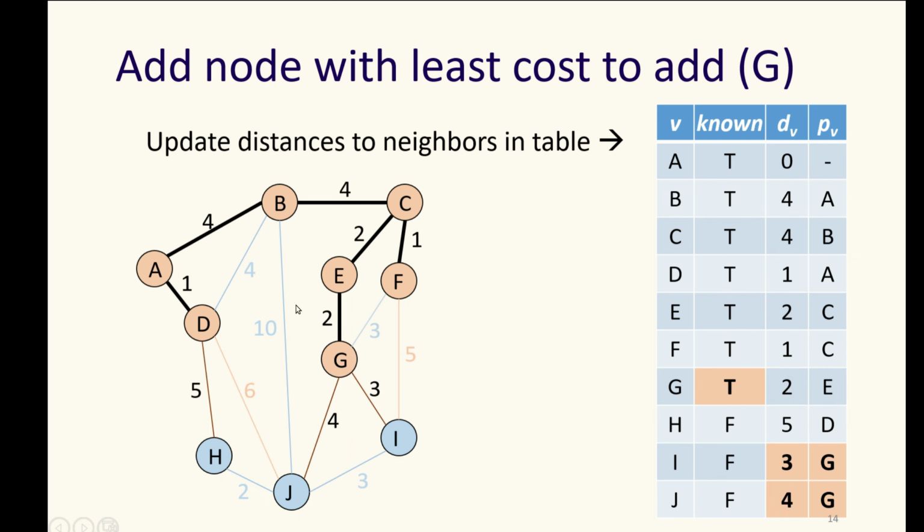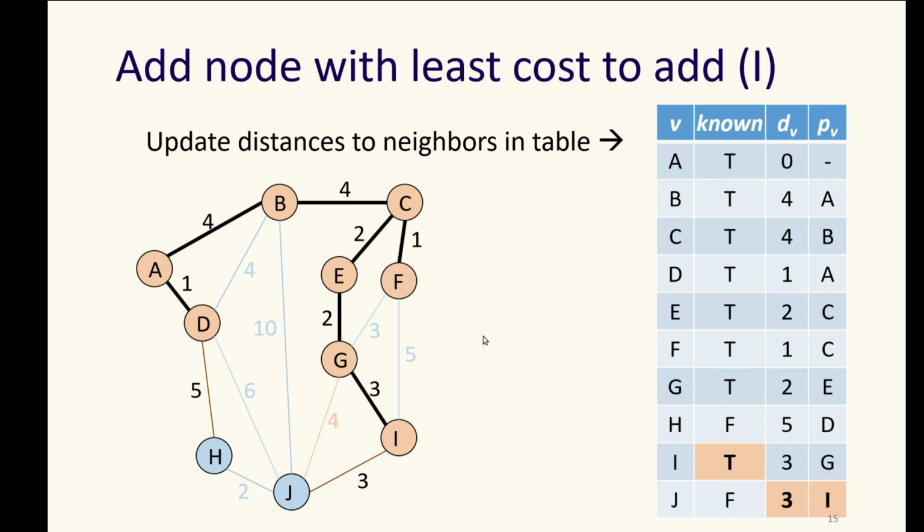So now that distance of 2 is our next minimum on our priority queue. That tells us that G connects to J and I, and J and I both get their distances marked as being connected to G. Even though before we had each of them connected to other nodes, they have a better cost from G, a shorter distance from G than from those other nodes we had seen.